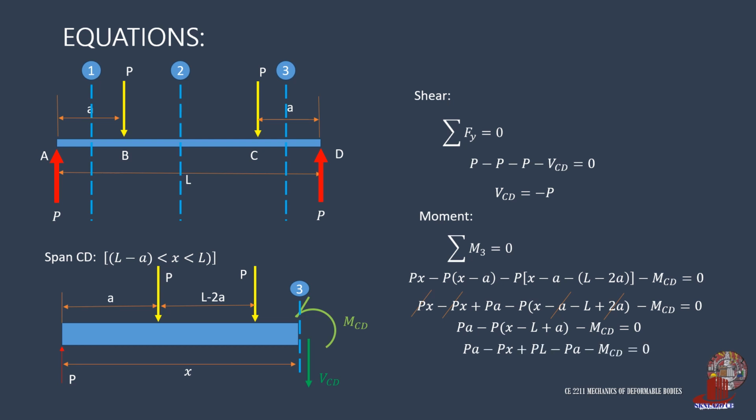Distribute negative P and get Pa minus Px plus Pl minus Pa minus M sub CD equal to 0. Take out Pa and have the moment of span CD as Pl minus Px.